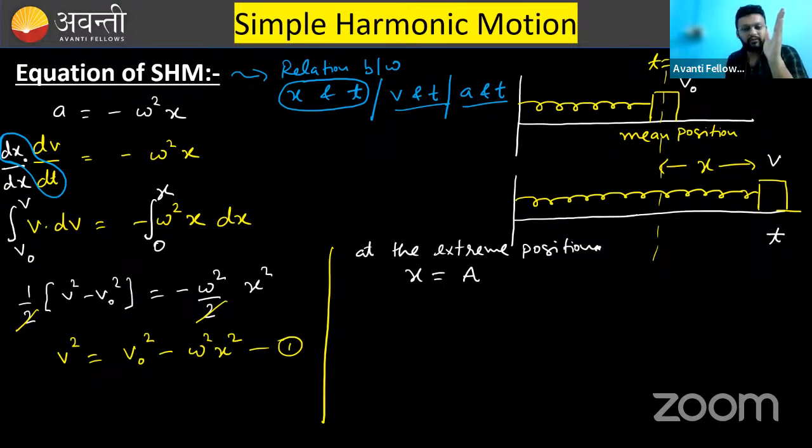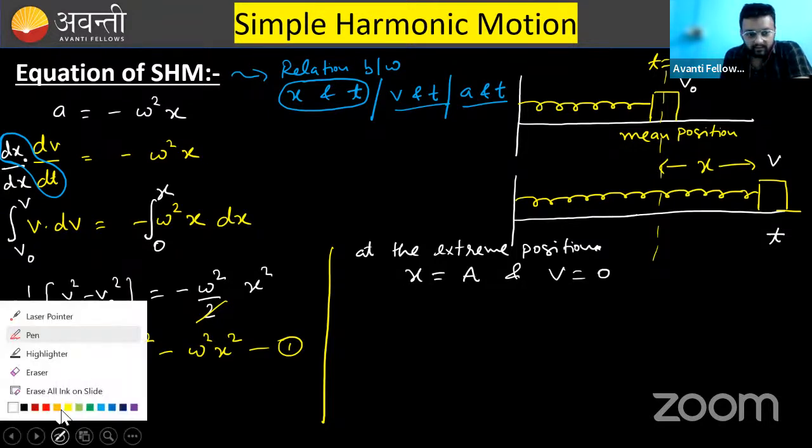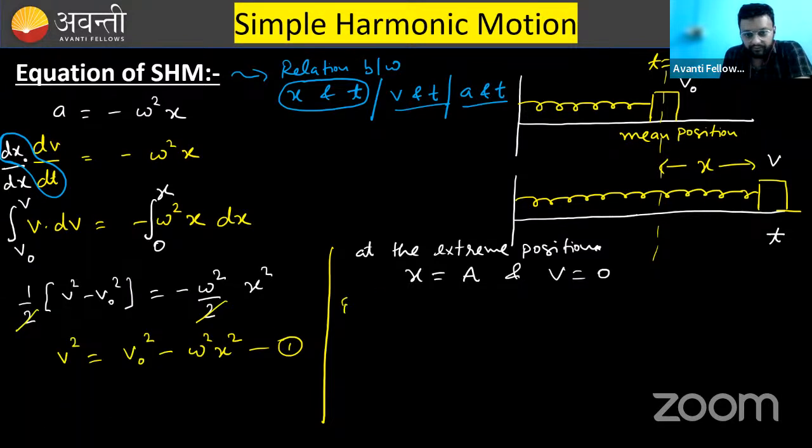At the extreme position, x is equal to a and v is equal to zero. I think it is clear. So I will put these values in equation 1.